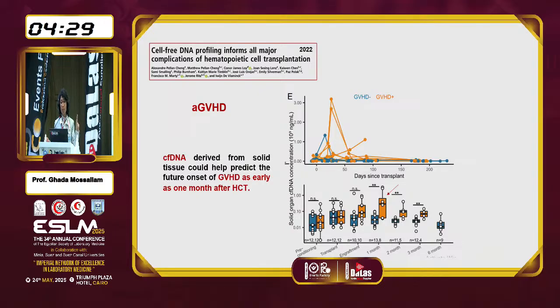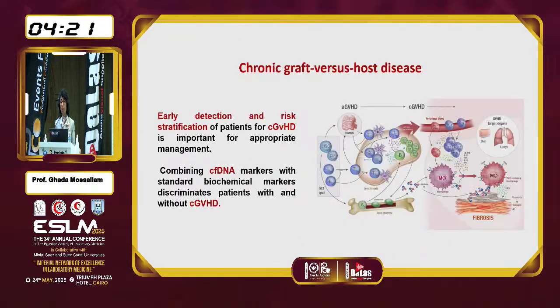Not only that, the methylation pattern may indicate the tissue of origin and may indicate the organ affected by acute graft-versus-host disease. Also, chronic graft-versus-host disease, which is also an inflammatory complication of transplantation associated with autoimmune-like disease and by fibrosis.